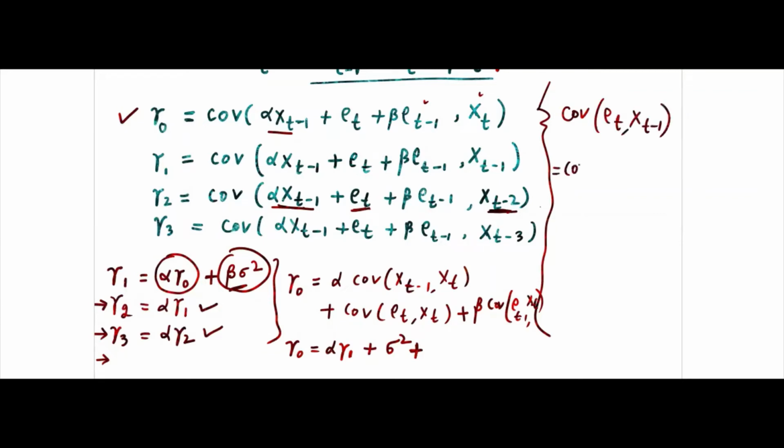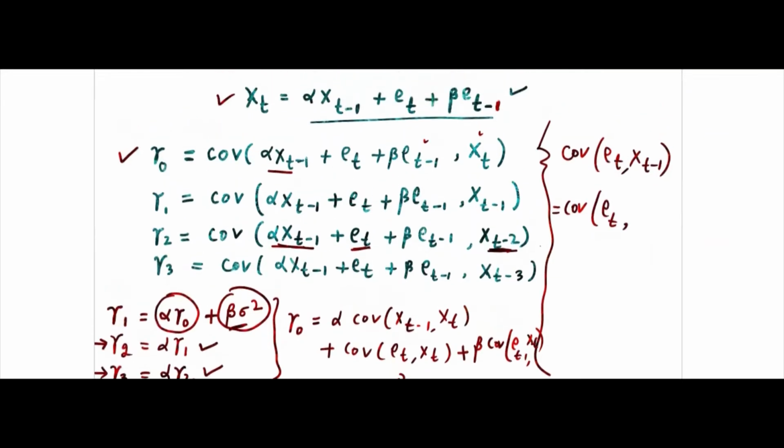That is covariance et. You have to write xt minus 1 once again in the open form. So the first term will be alpha xt minus 2, plus et minus 1. There is nothing between et minus 1, that's fine. And the third term, beta et minus 1. This is et.